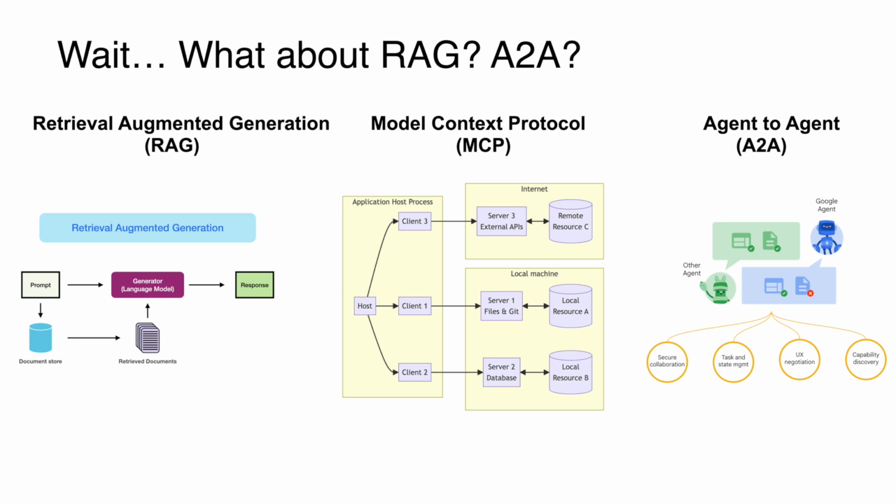Before MCP, a technology called RAG, which stands for Retrieval Augmented Generation, was a hot thing in the generative AI tool space. And at the Google Next conference that happened in 2025, Google announced the agent-to-agent protocol, which is also going to be quite interesting to watch out for. Will MCP be the replacement of RAG or anything else that is out there?